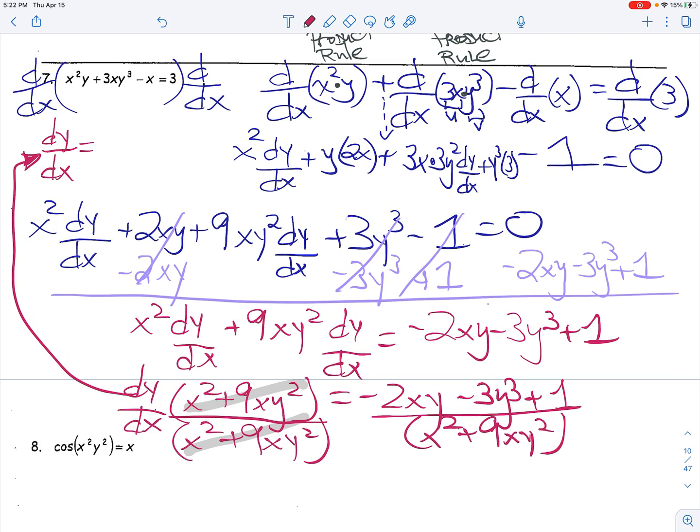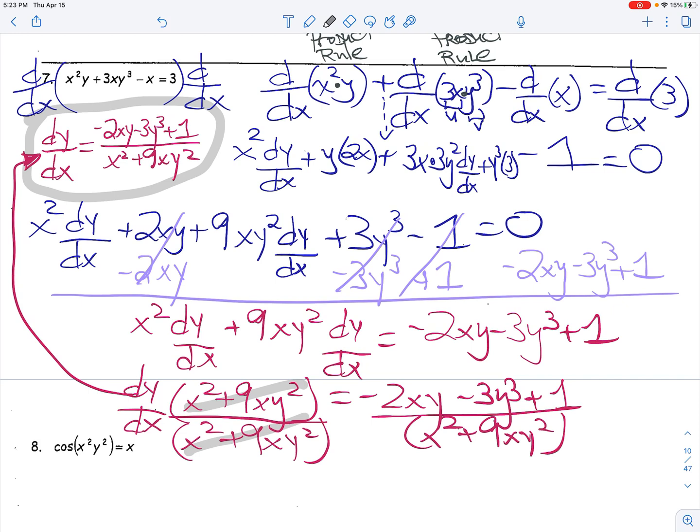Say that dy/dx is equal to negative 2xy minus 3y cubed plus 1, over x squared plus 9xy squared.